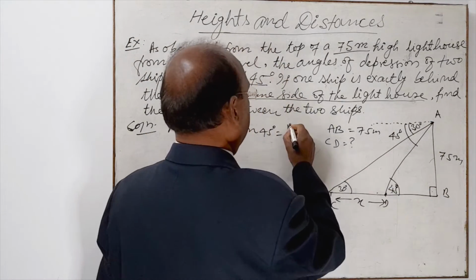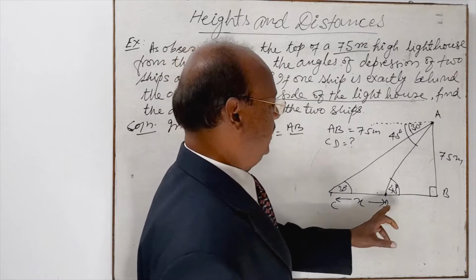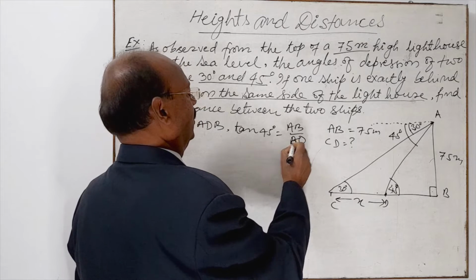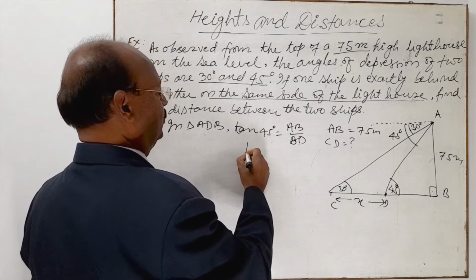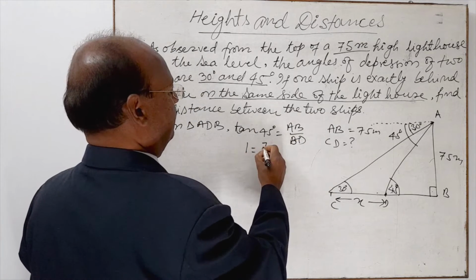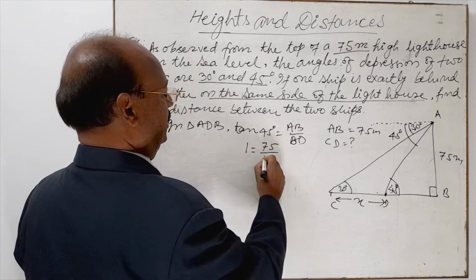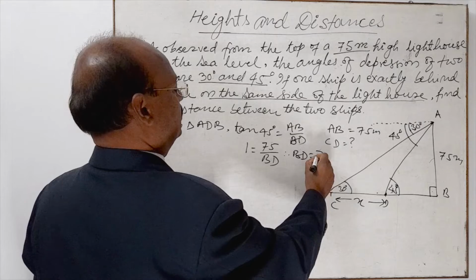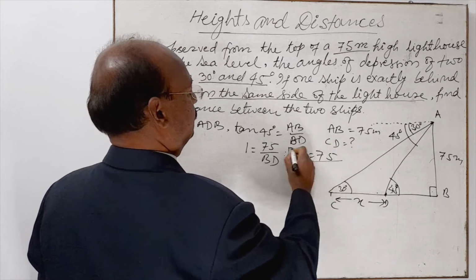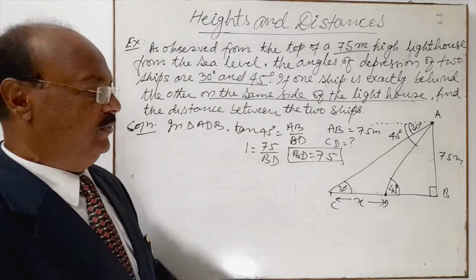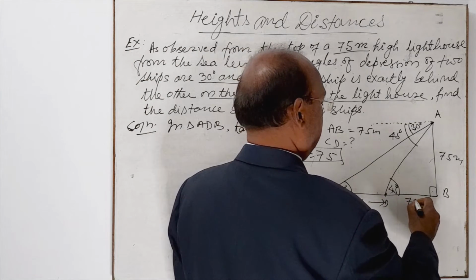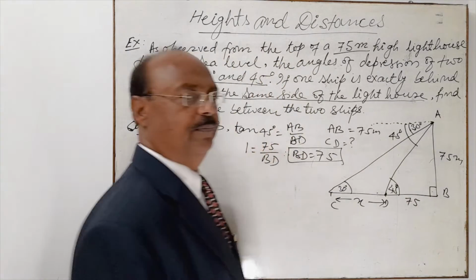Perpendicular is AB and base is BD. And tan 45 is equal to 1. AB is 75 meter upon BD, and therefore BD is equal to how much? 75. So now we have got this length BD is equal to 75.